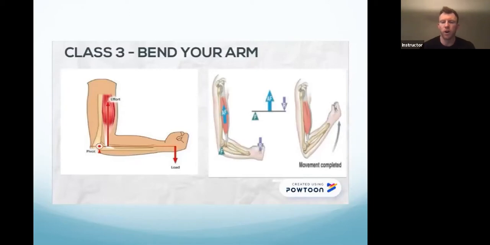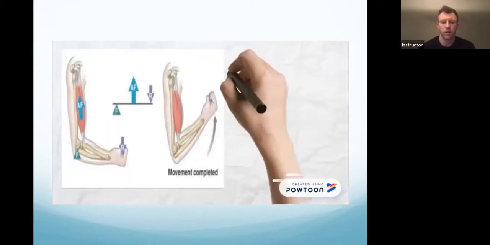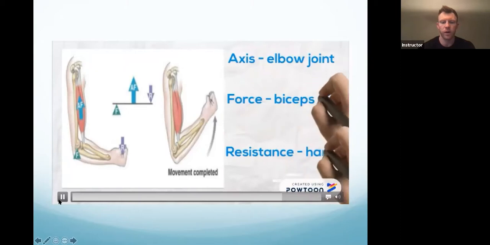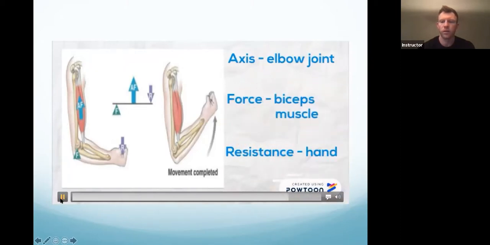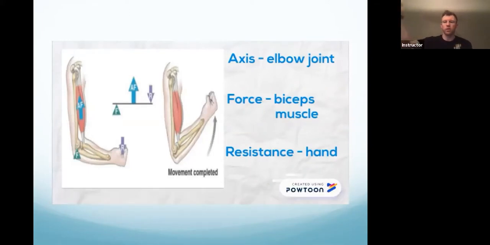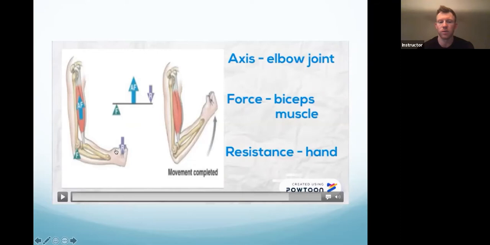Here's one where we bend our arm, and you'll see how they write it all out. So your elbow joint is the movement spot, so that's your fulcrum. The resistance would be your hand, or the weight in your hand. You think about a bicep curl, right? So the resistance is here. And then your active force is in between.